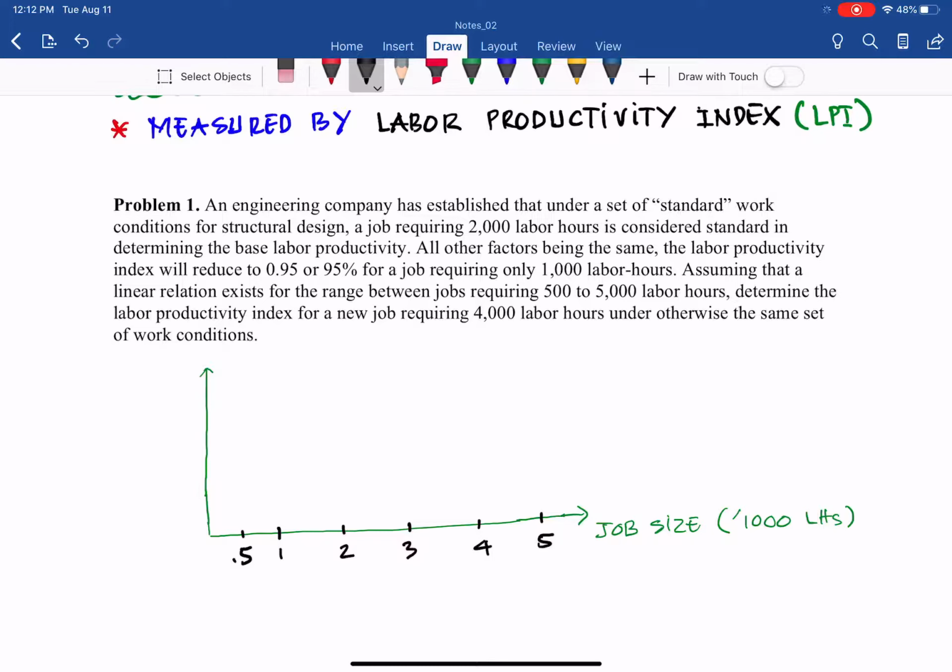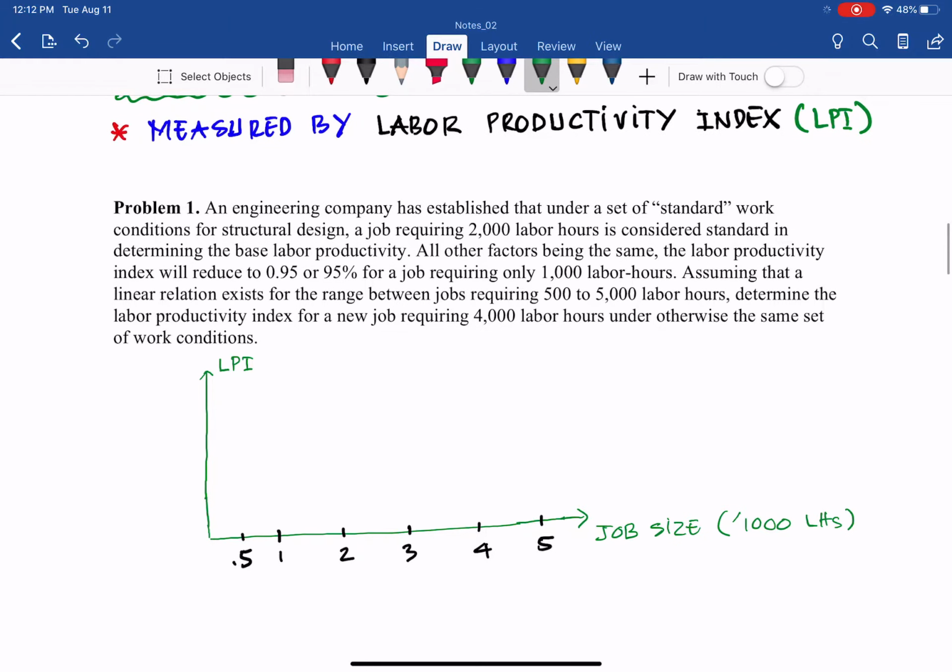The other axis is the labor productivity index, the LPI. For this, we consider 2,000 labor hours standard, where the index equals 1. So when the LPI is 1, which is considered standard, the job size is 2,000.